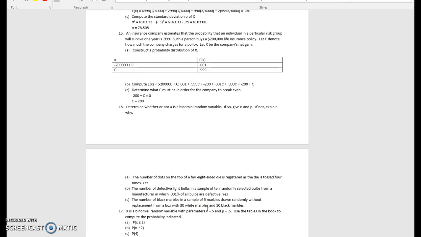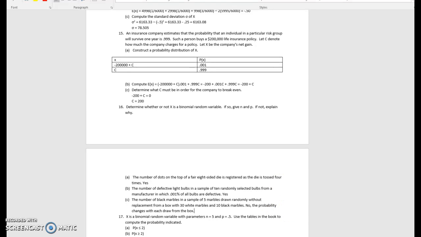But I'm not going to replace the marbles before drawing the second time, which means that my probability in drawing the second marble will become 9 out of 39 marbles left in the box. So our probability is not the same with each trial, and therefore this is not a binomial random variable. The probability changes with each draw from the box.